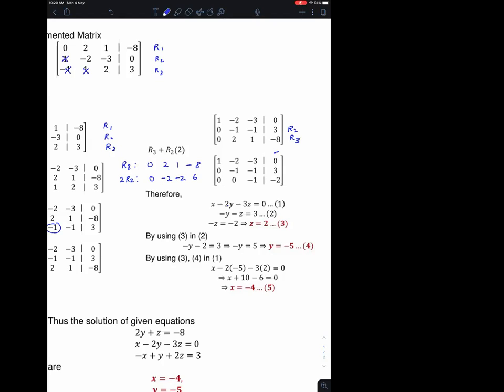If you add them up, you get 0, 0, minus 1, minus 2, which is going to be this right here.